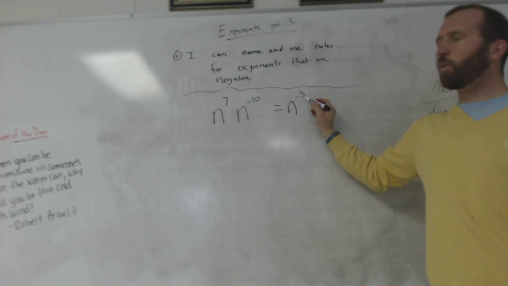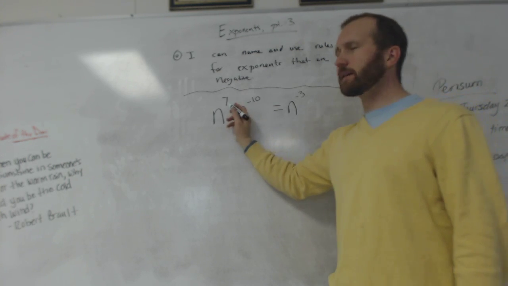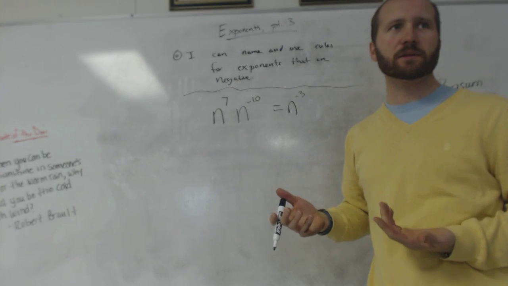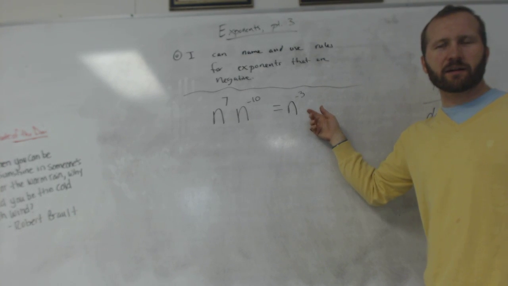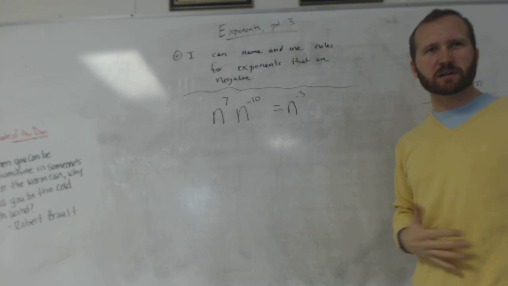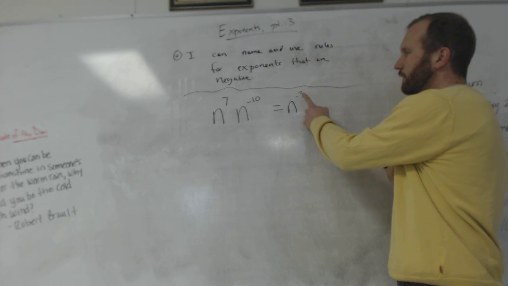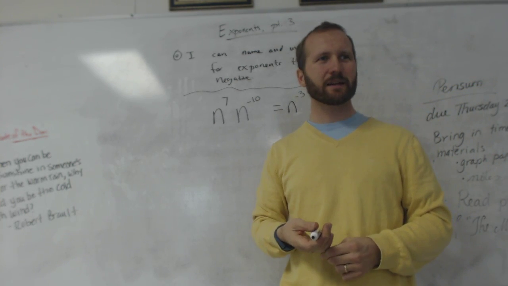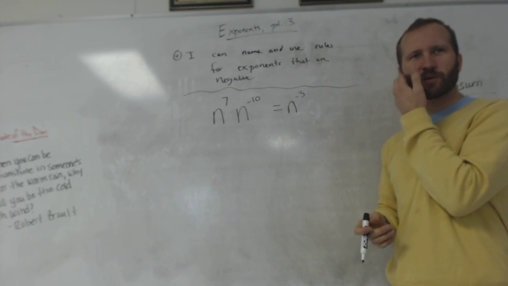So what does that mean, though? Think about it. We know that n to the 7th means n times n times n, 7 times. But what does n to the negative 3rd mean? How can I negatively multiply? This means n times itself negative 3 times. What? Anyone want to guess what a negative exponent means?